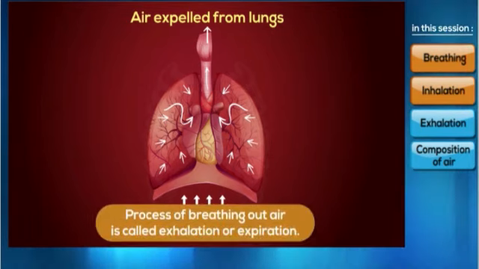That is our exhalation. Inhale means intake of air and exhale means air goes out, that means removal of carbon dioxide. So breathing takes place with the help of these two processes.